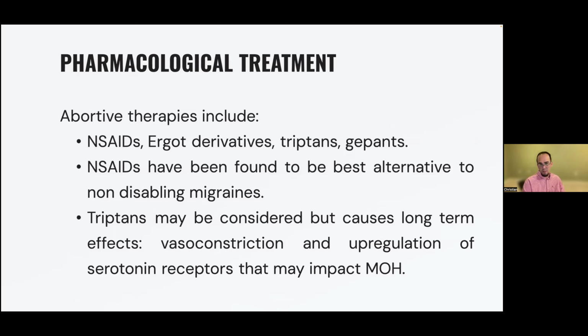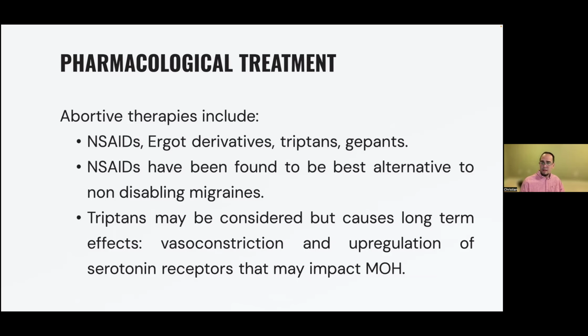As abortive therapies, we have non-steroidal anti-inflammatories, which have been found to be one of the best alternatives for patients who have non-disabling migraines. We have ergot derivatives, and sumatriptan is one of the most common. They may be considered, but shouldn't be a long-term thing because they may potentially cause medication overuse headaches.